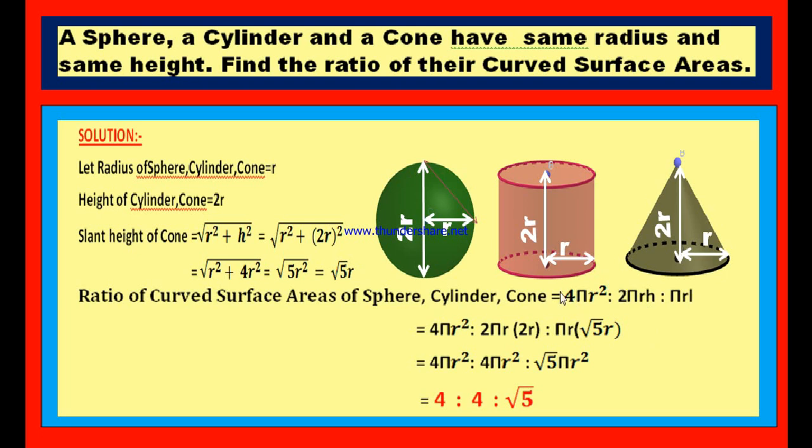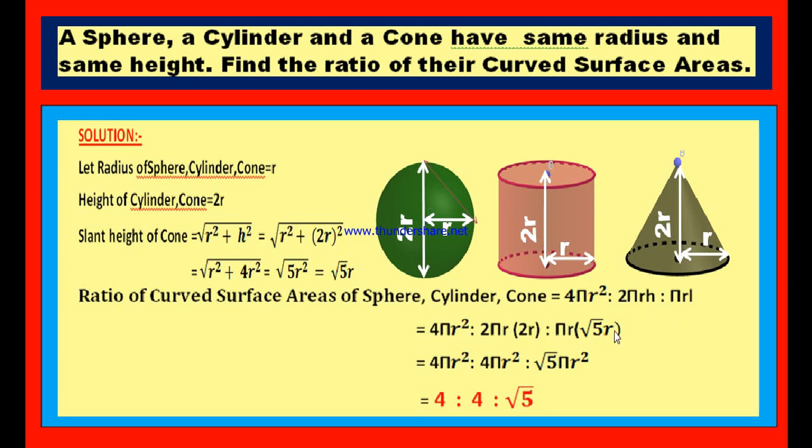The formula to find CSA of the cone is pi r l. It is 4 pi r square, 2 pi r into h value. We got h is equal to 2r. 2r, 2 pi r into l. What is l? Slant height is root 5 r. This is pi r into l, meaning root 5 r.